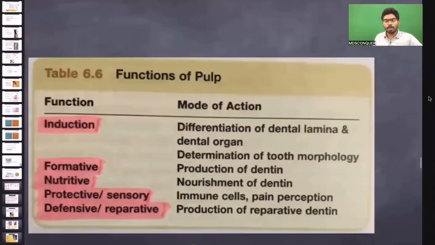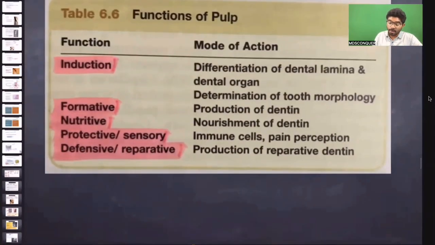Coming to the functions of the pulp, what is the primary function of the pulp? The primary function of the pulp is formation of dentin, which is the most important function. Apart from this, one more function of the pulp is induction. What is it inducting?